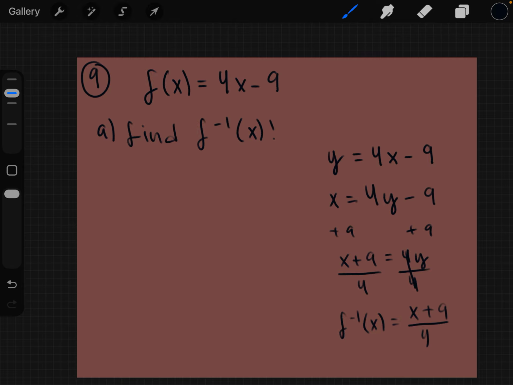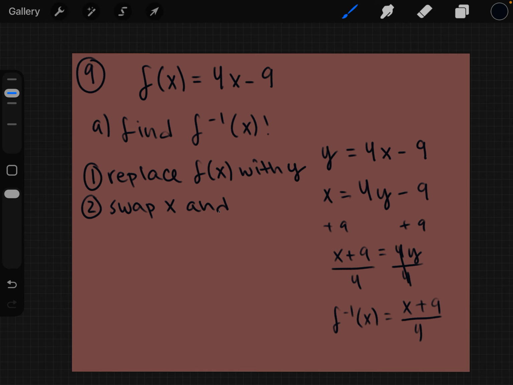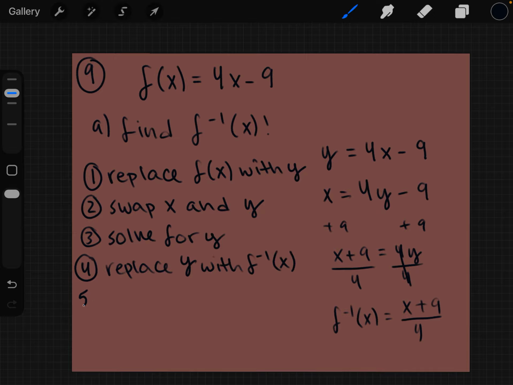Let me write down the steps for you. Step 1, replace f of x with y. 2, swap x and y. 3, solve for y. 4, replace y with f inverse of x. 5, check, put.